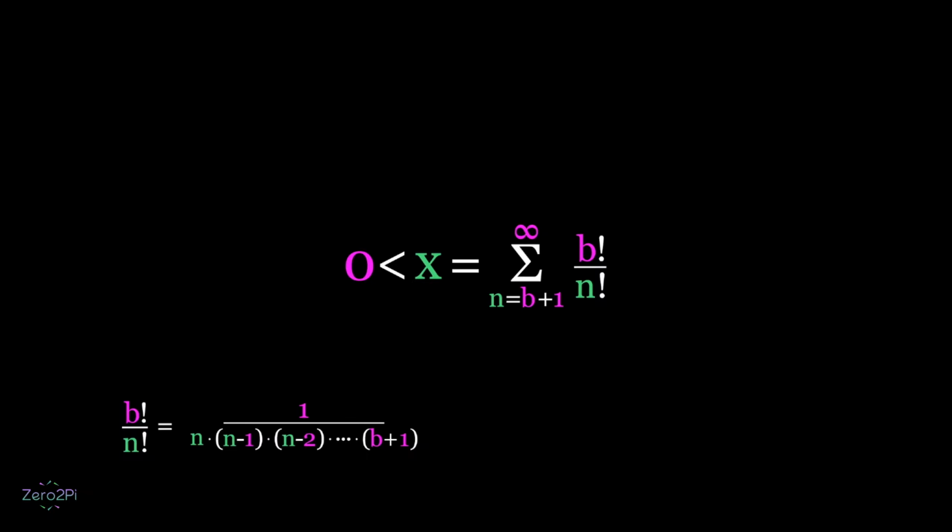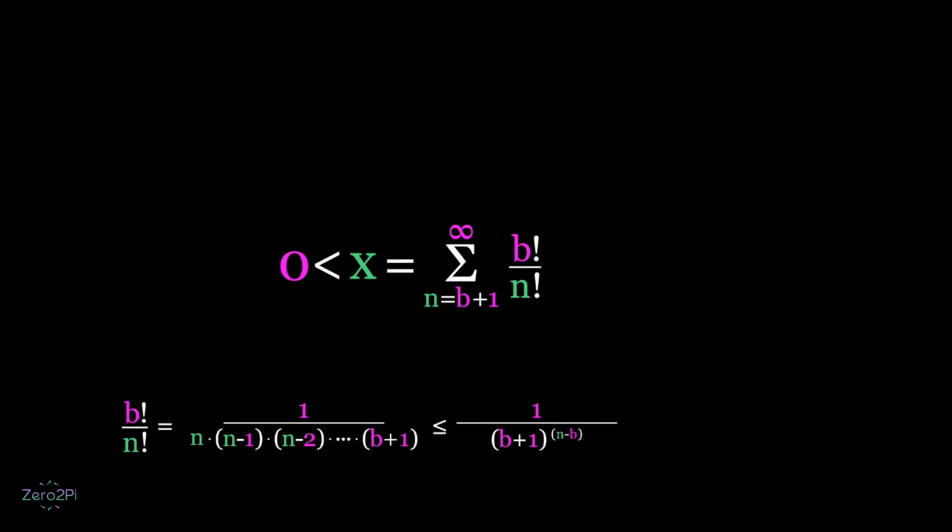The whole denominator, this big product of n minus b numbers, has to be greater than or equal to b plus 1 raised to the power of n minus b. And if the denominator gets bigger, the whole fraction gets smaller. This trick helps us tame the factorial expression and move one step closer to showing that our mysterious number x is squeezed between 0 and 1.